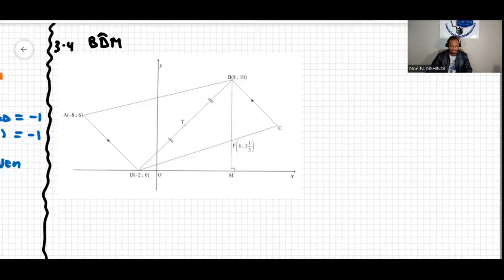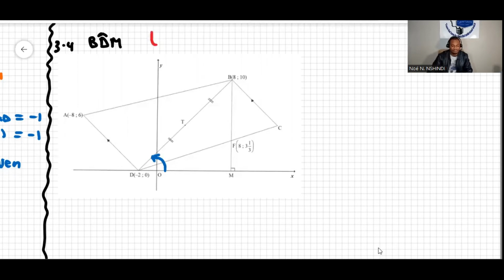To find this angle, we know the angle BDM is the angle formed from the horizontal line, the x-axis, to the line BD, this angle. I think the shortest way to calculate this is to use the gradient of BD, because the gradient is equal to the tangent of the angle.